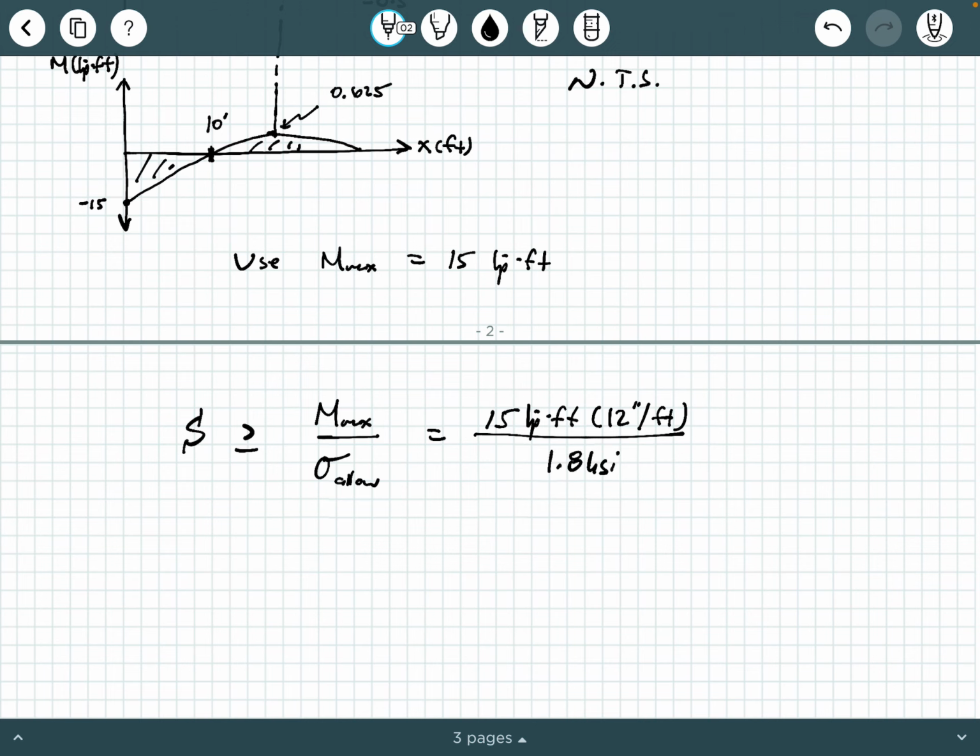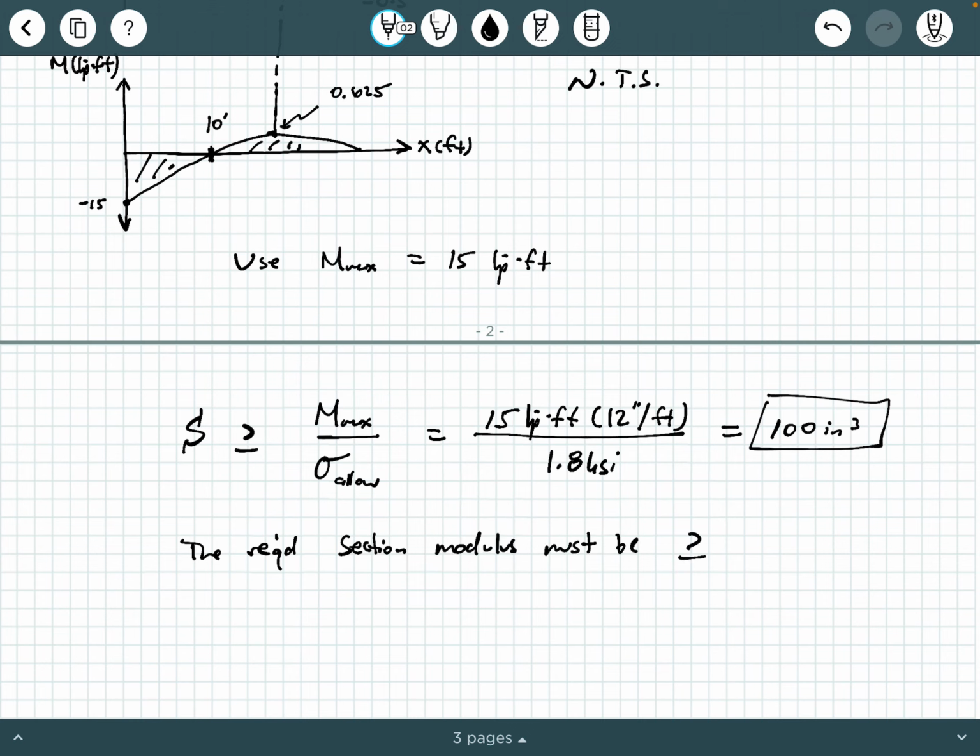That was the 1800 PSI that we were given in the problem statement. And this comes out to be about 100 inches cubed. And that is our final answer. So the required section modulus must be bigger than or equal to 100 cubic inches.